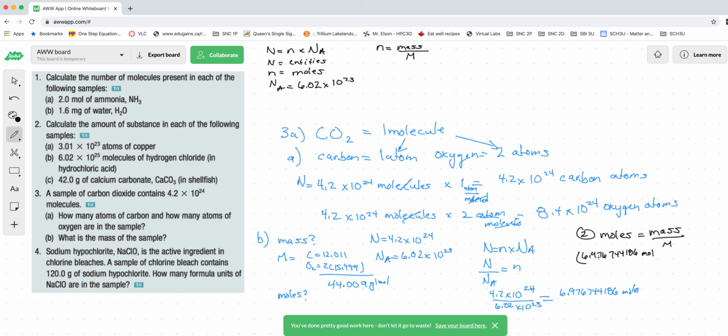And we previously calculated the molar mass to be 44. So the units cancel to leave us with grams. So our mass is going to equal 307.04 grams.